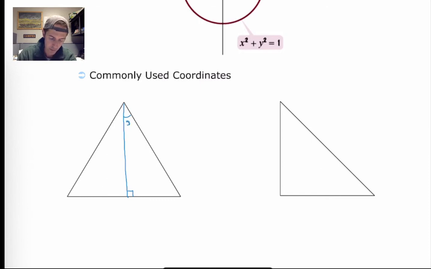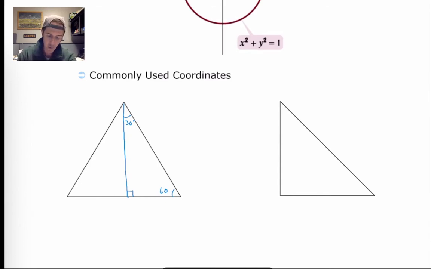By dropping the altitude, we bisected this upper angle, making it 30 degrees, and this angle down here is still 60 degrees. The right-hand half of this is now a 30-60-90 triangle.